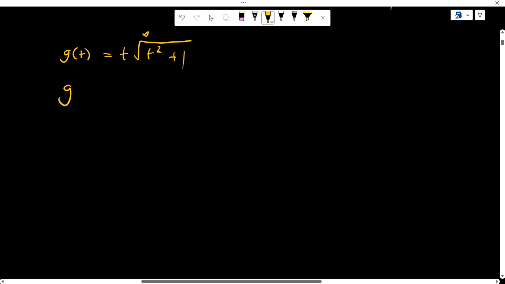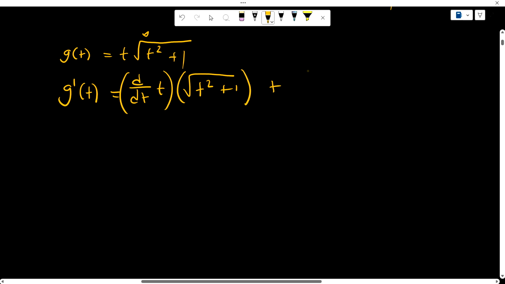So g'(t) is equal to the derivative of t times that function here, square root of t squared plus 1, and then plus t times the derivative of that function here, square root of t squared plus 1.